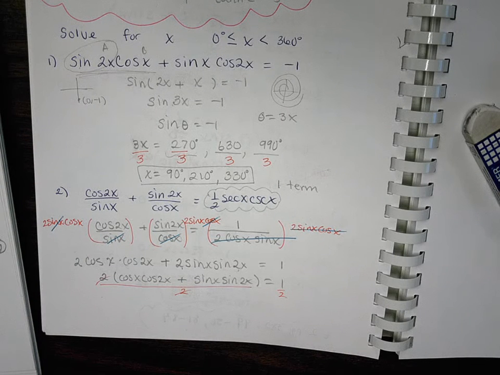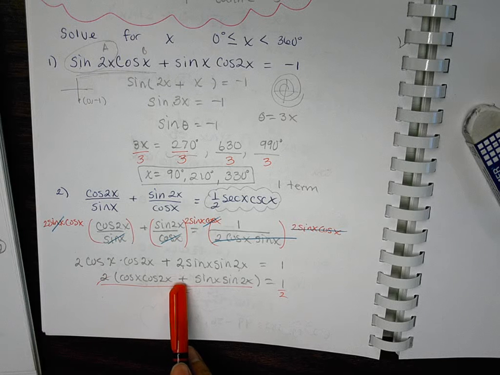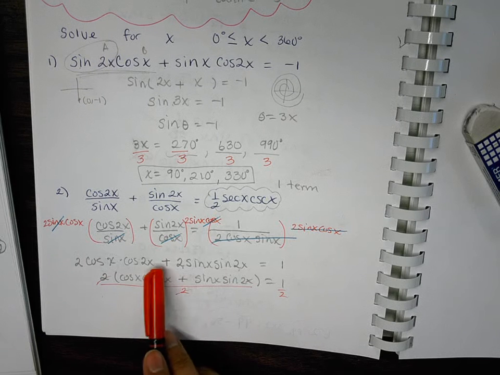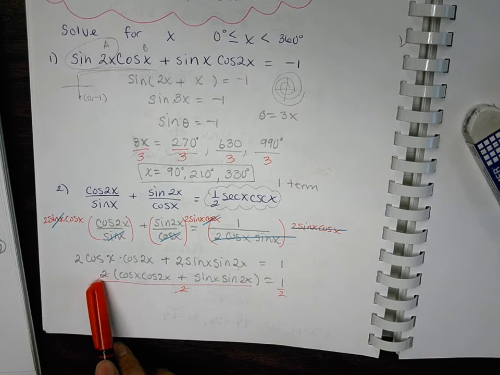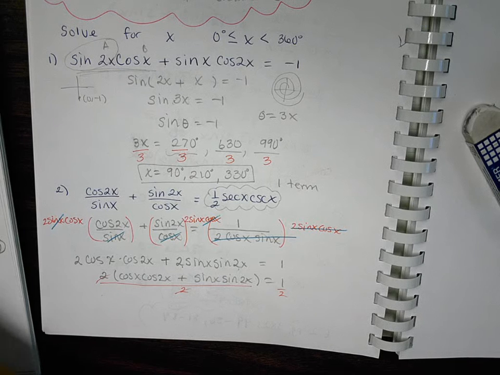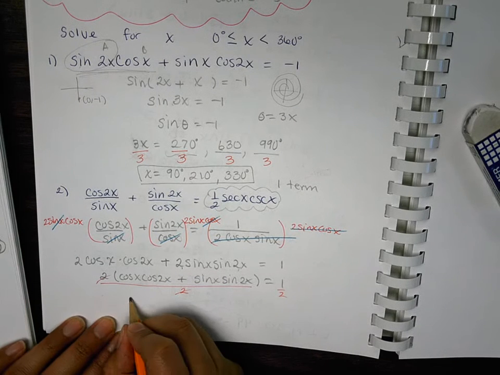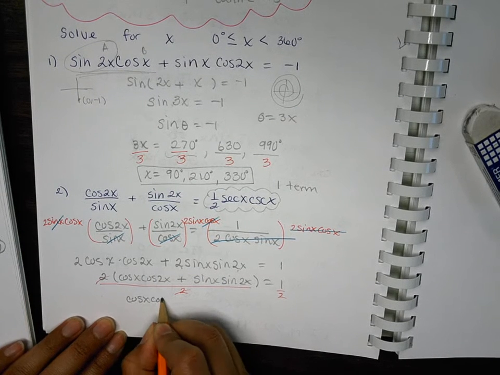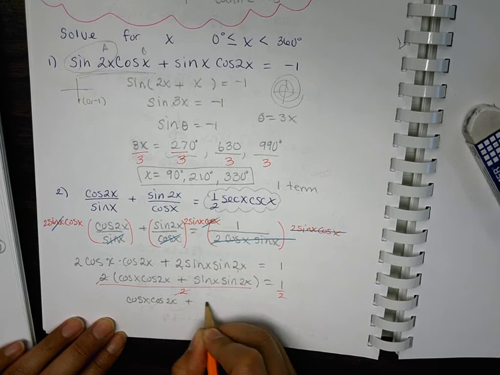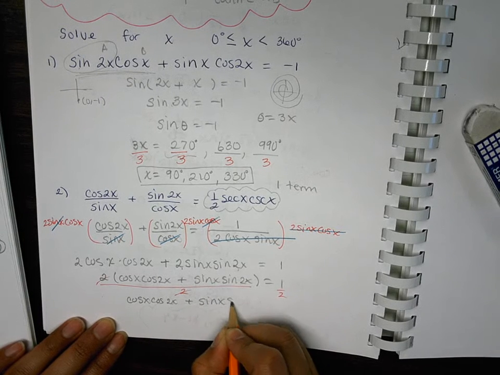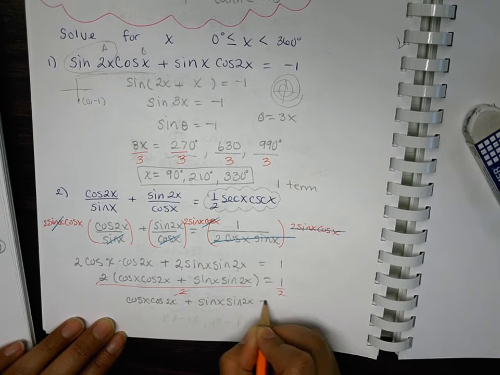It stays positive because it'd only become a minus if I had pulled out a negative. Since I didn't pull out a negative, it keeps its sign. Okay. Cosine x cosine 2x plus sine x sine 2x equals 1/2.